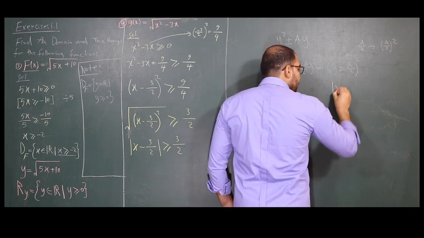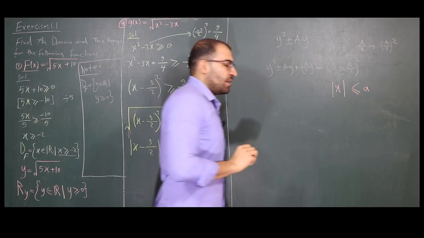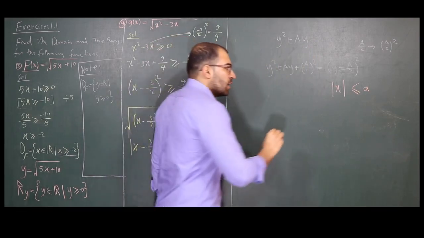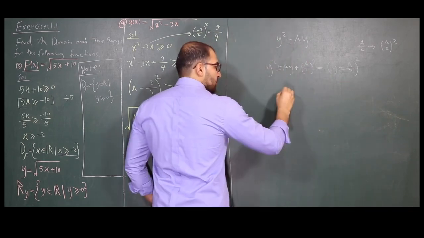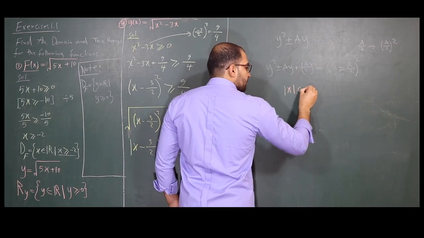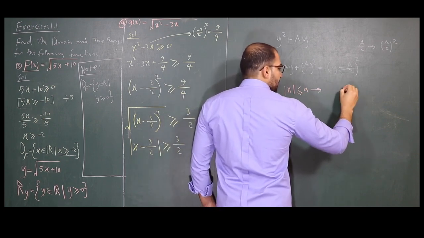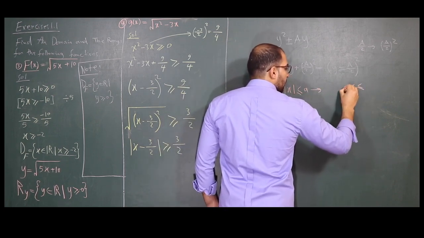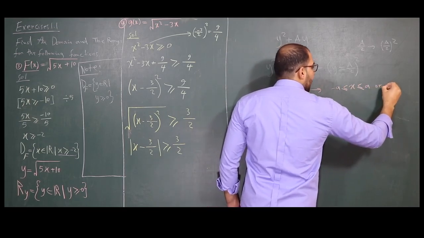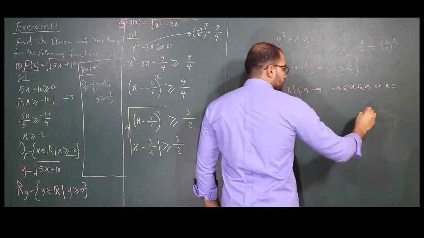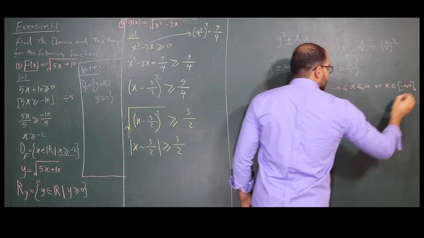If the absolute value of x is less than or equal to a, that will produce that x should fall between minus a and a, or I can say that x belongs to the closed interval minus a to a.